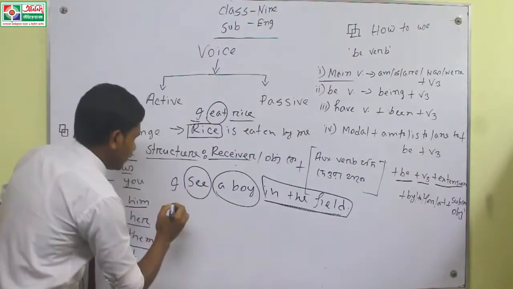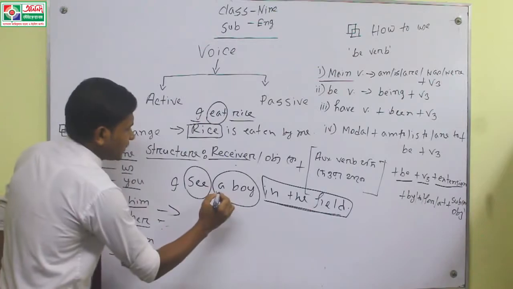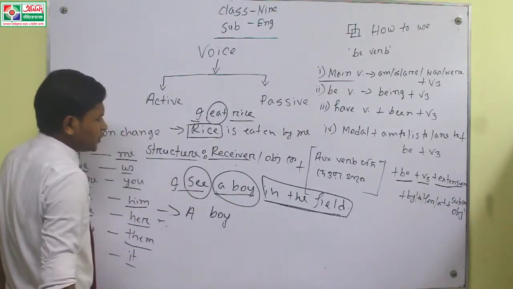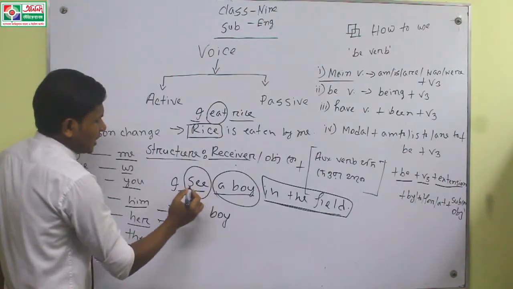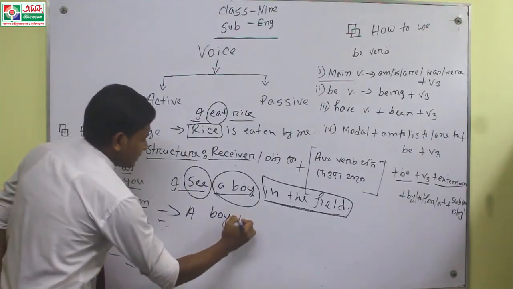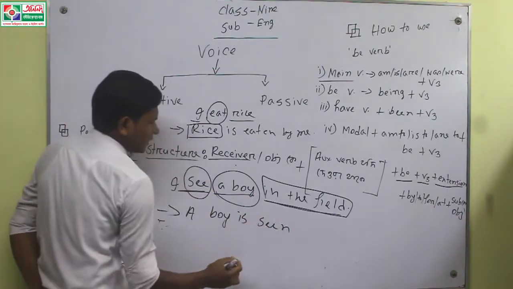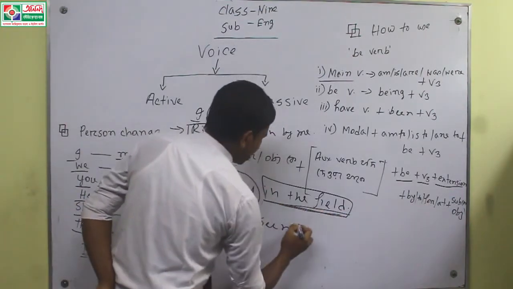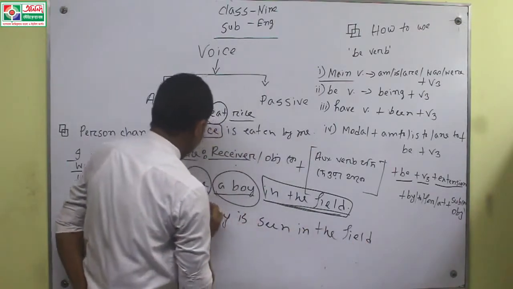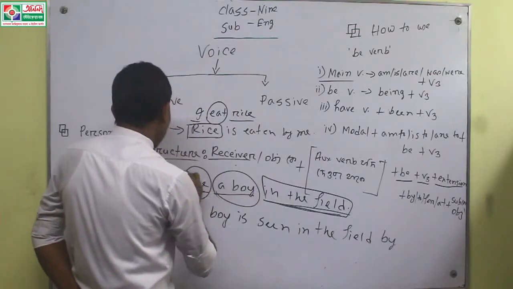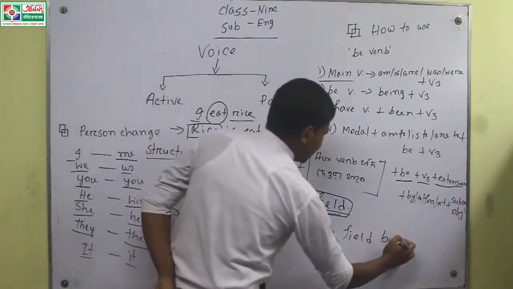I hope. Then at first we use here a boy. Then we use here subject verb agreement, is. Then we use here seen. Then we use here the extension, in the field. Then by plus the objective form of I, which is me.